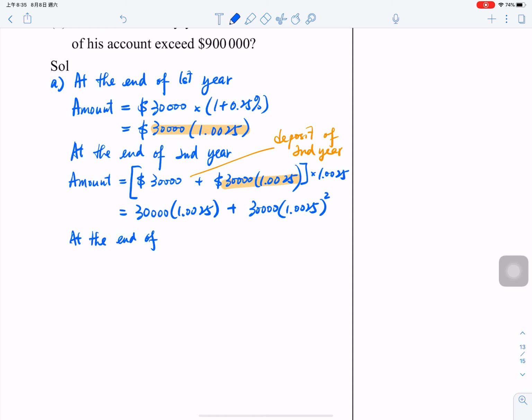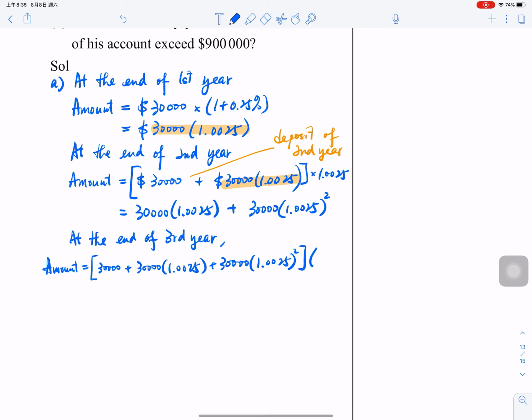At the end of third year. What do you think? Amount equals 30,000 times this one, and all together run one more year, so times this one.